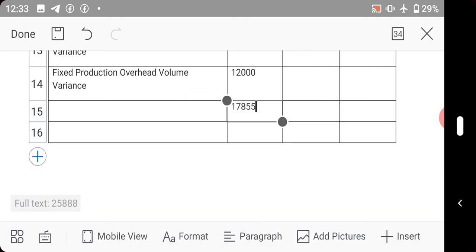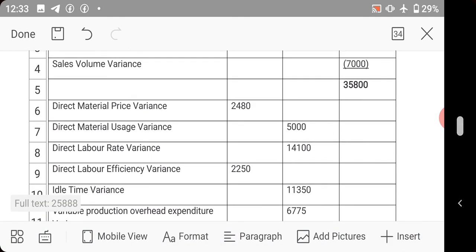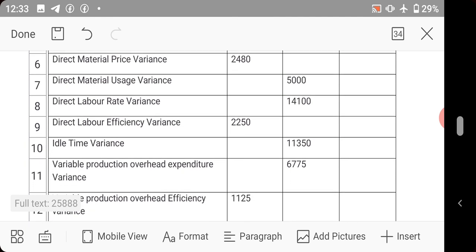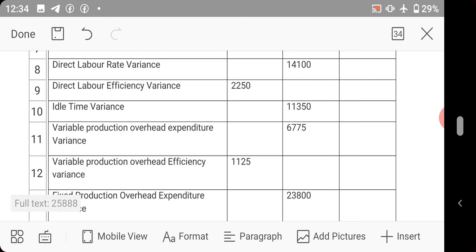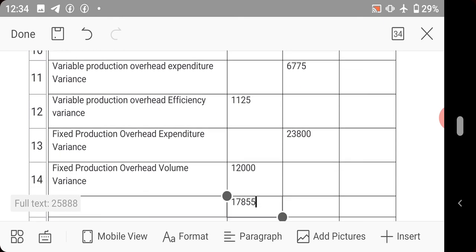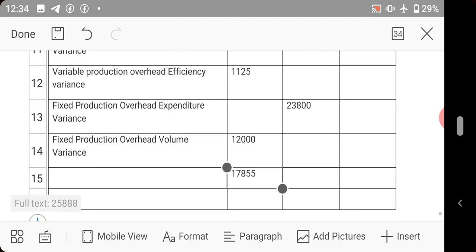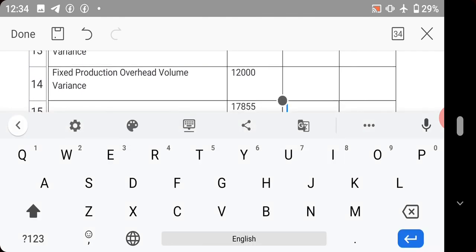You can also add this column, which is 5,000 plus 14,100 plus 11,350 plus 6,775 plus 23,800. That'll give you 61,025.